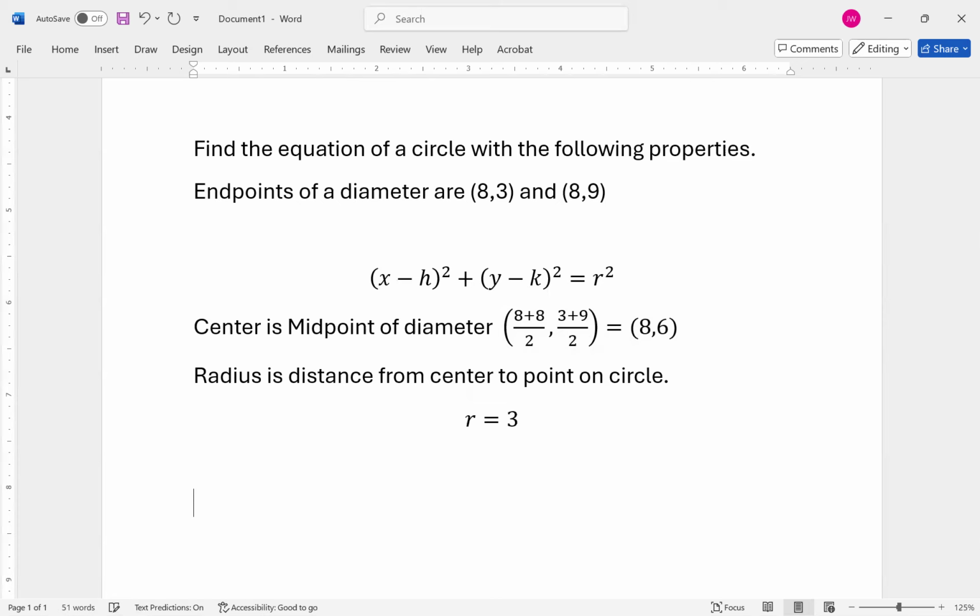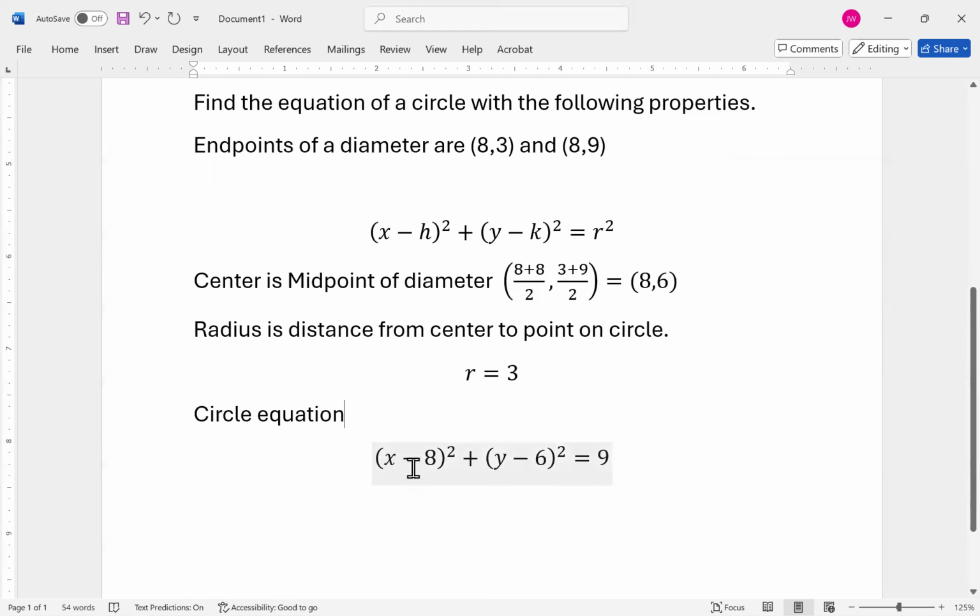And now I know what the equation of a circle is. It's going to be (x minus 8) quantity squared plus (y minus 6) quantity squared is equal to 3 squared, which I'm just going to write as 9. So if I know the center and the radius, then I know the equation of the circle.